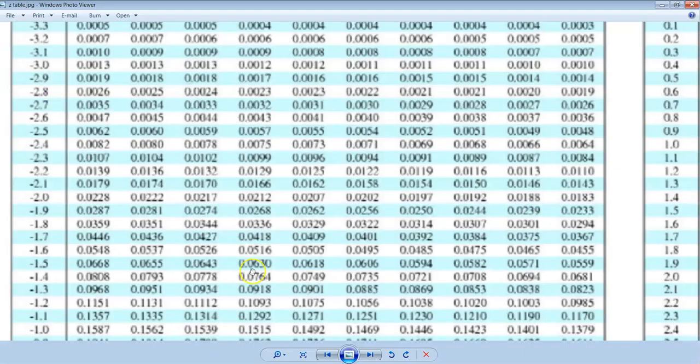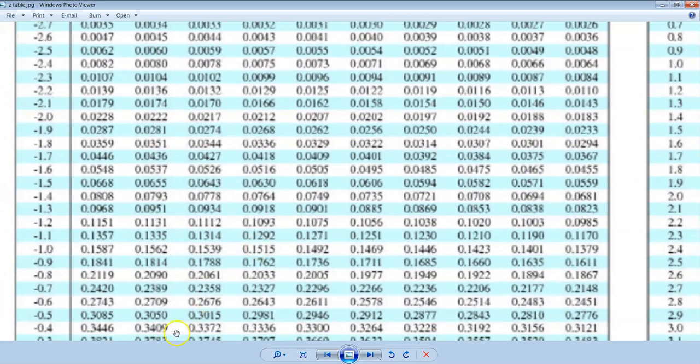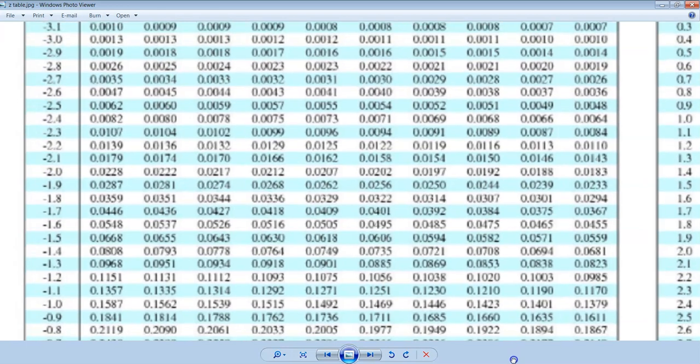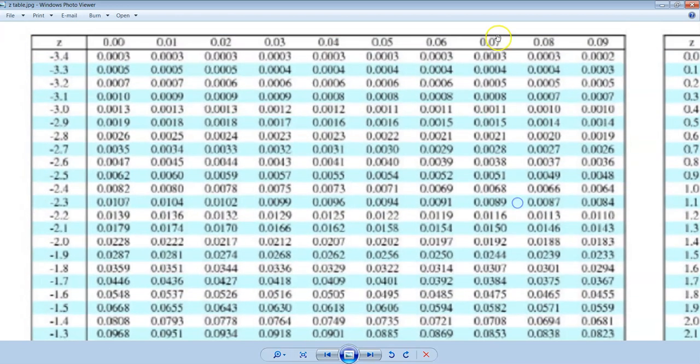So I'm going to look up 0.25 in the middle. And that's right between these two. So that's negative, so that's on the -0.6 row. So -0.6, and it's between these two columns.